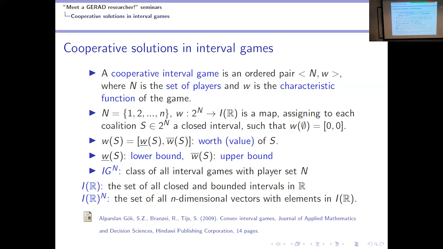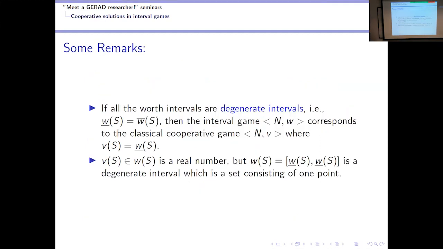And here, I just remind you, this is the value of collision S, which is an interval. Suppose that the lower bound and upper bound are equal, then it is called a degenerate interval and corresponds to the classical cooperative game, because it is no longer an interval. So, one point. So it is called degenerate intervals.